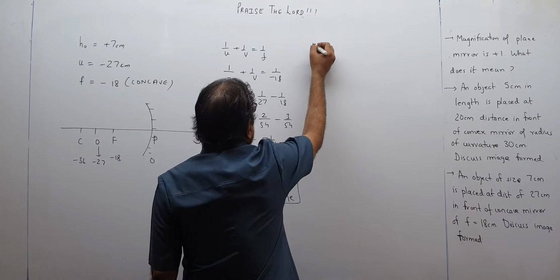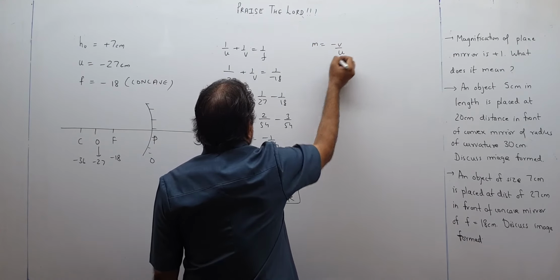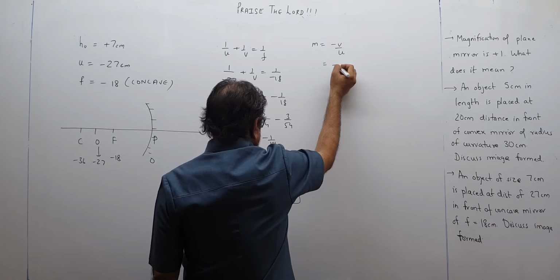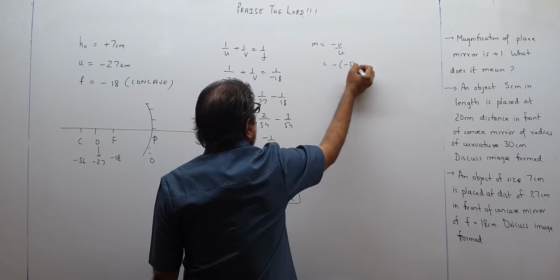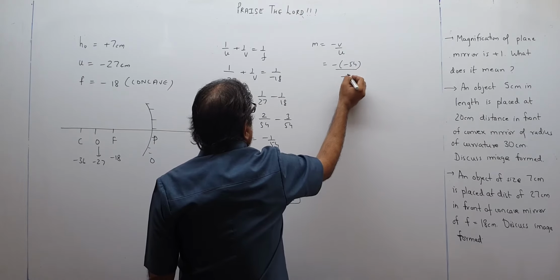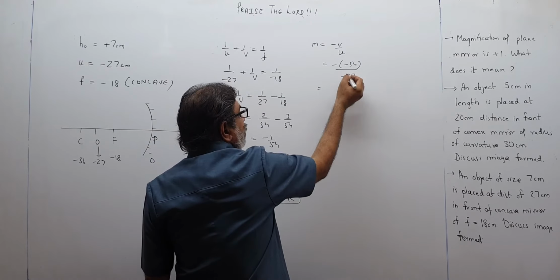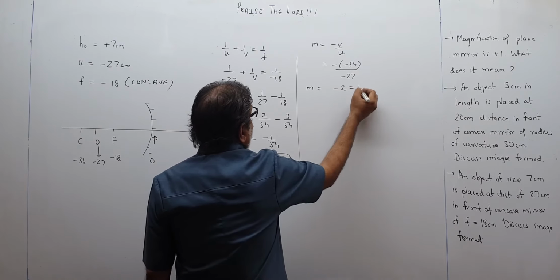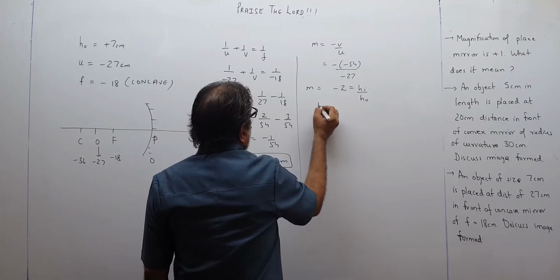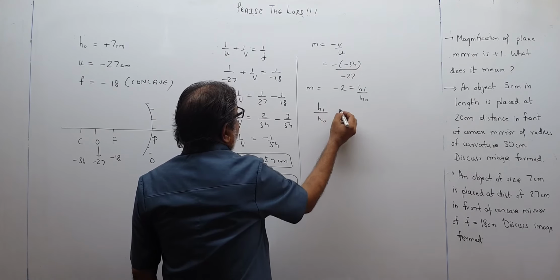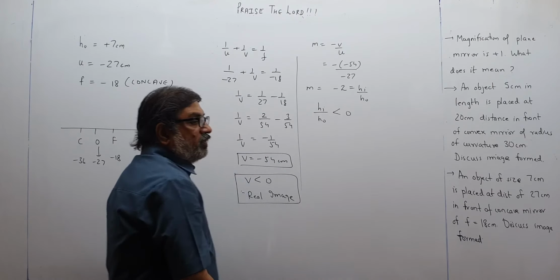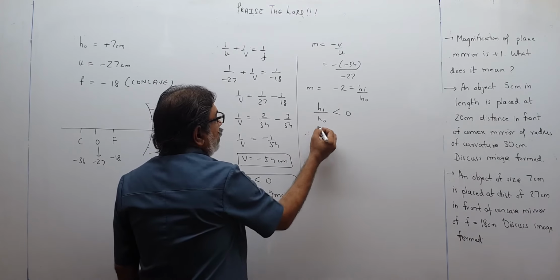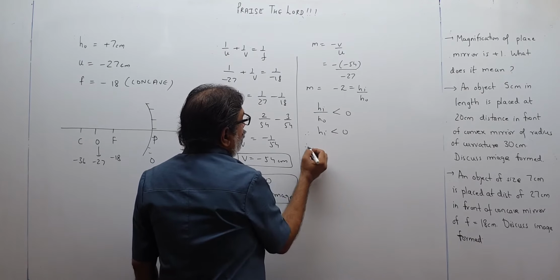What is magnification? Minus V upon U. So V is minus 54, U is minus 27, the 3 minuses give minus 2, and that is HI upon HO. So HI upon HO is negative. Minus 2 means negative, therefore HI will be less than 0.